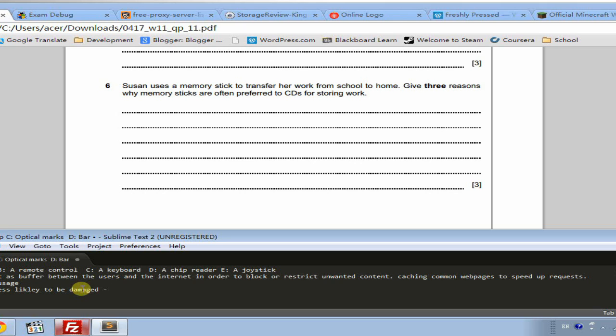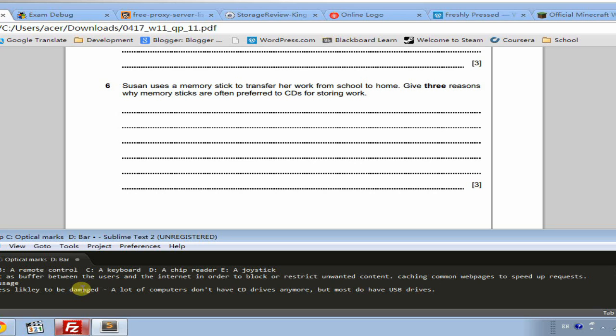In a similar fashion, I don't use CDs anymore. In fact, a lot of computers now, they just simply don't have CD drives. I opened mine up the other day by mistake, and I think it's been more than a year or so since I've ever put anything in my CD drive. So a lot of computers don't have CD drives anymore, but most do have USB drives.